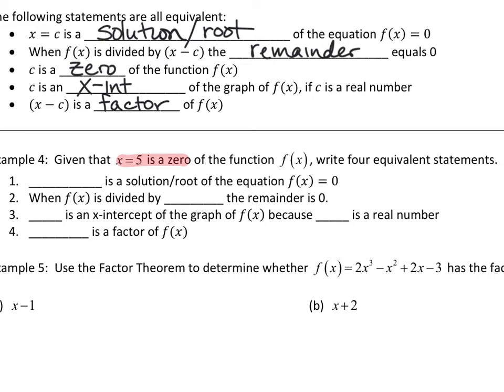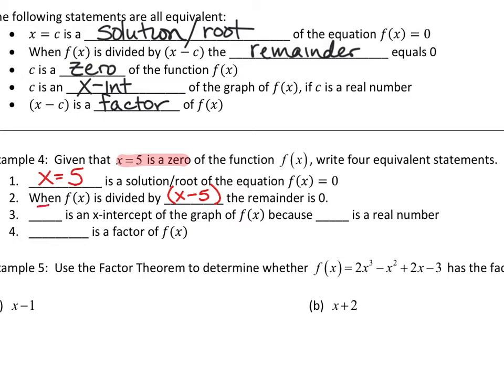What does that mean a solution or root of the equation is? Also 5. If we know it's a 0, we know it's a solution. When f of x is divided by the factor x minus 5, which is how I would have gotten that 0, the remainder is 0.